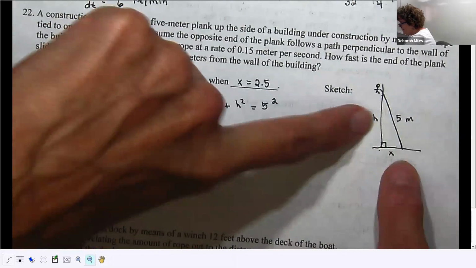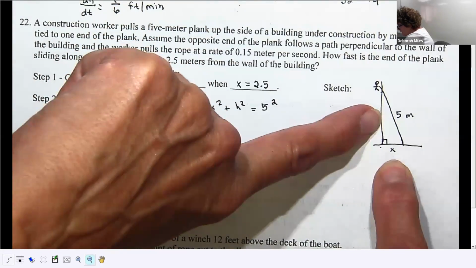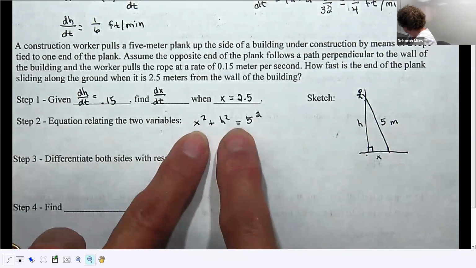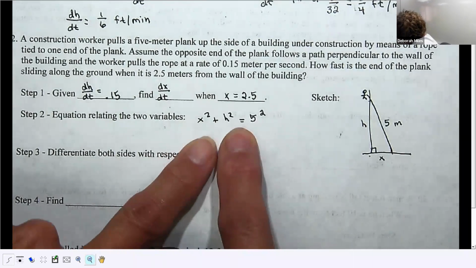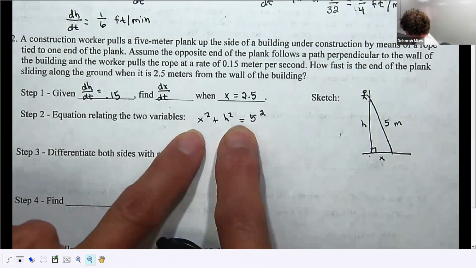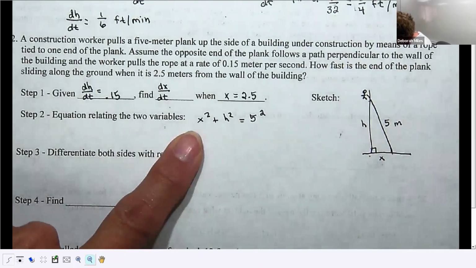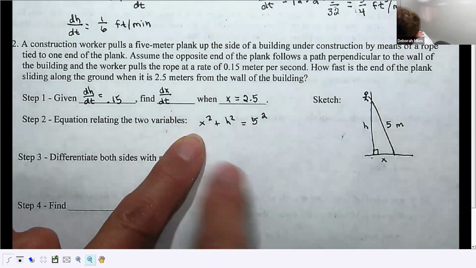No, we don't know that the x and the h are the same. They would be the same at some point. There are a lot of different numbers that can satisfy that equation. So no, it's not necessarily; it may be a 3, 4, 5 at some point, but then it's going to change as the dude or dudette pulls the plank up. All right, so what's the derivative of the left-hand side with respect to t?